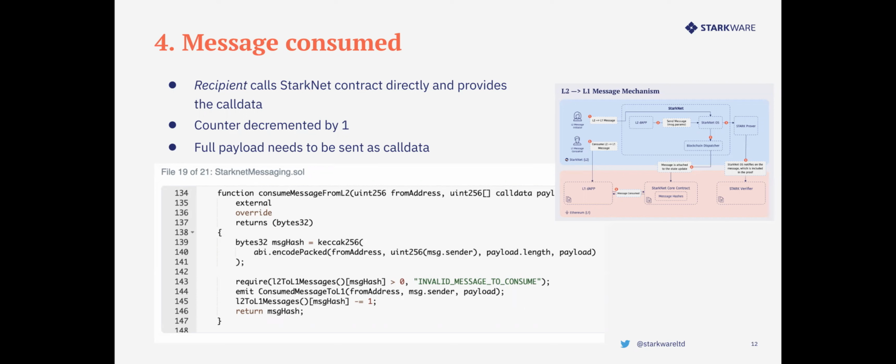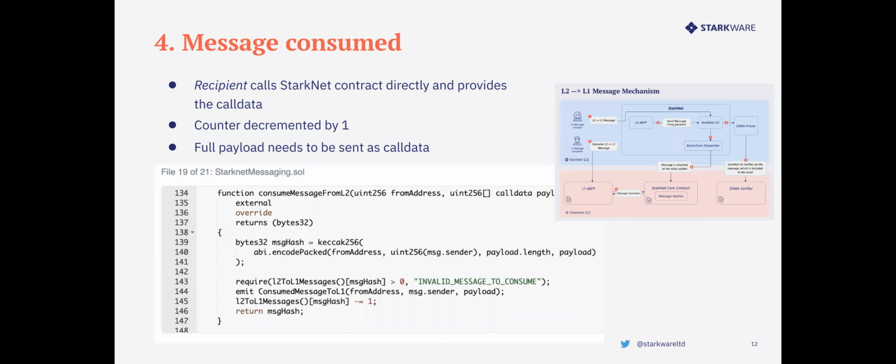Okay, so when we are interacting from L2 to L1, we're doing it in 2 steps. On the L2 side, we sent a transaction and it is just like any other transaction.